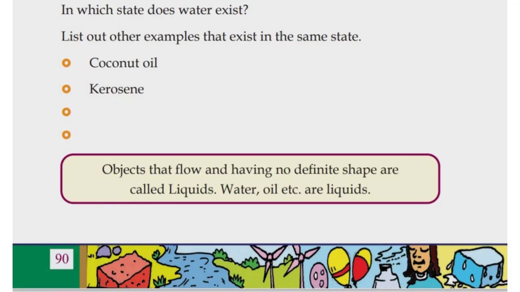In which state does water exist? Liquid state. List out other examples that exist in the same state. Coconut oil, kerosene, water, milk. Objects that flow and have no definite shape are called liquids. Water, oil, etc. are liquids.